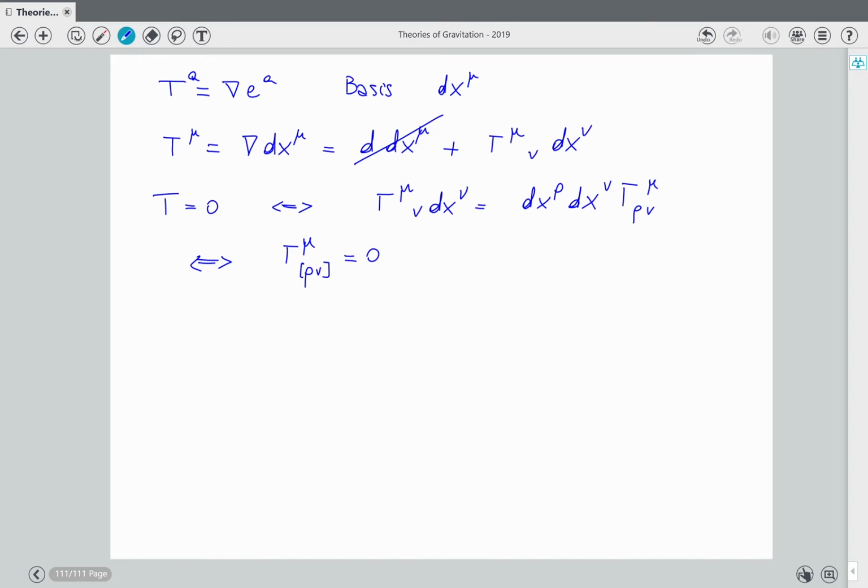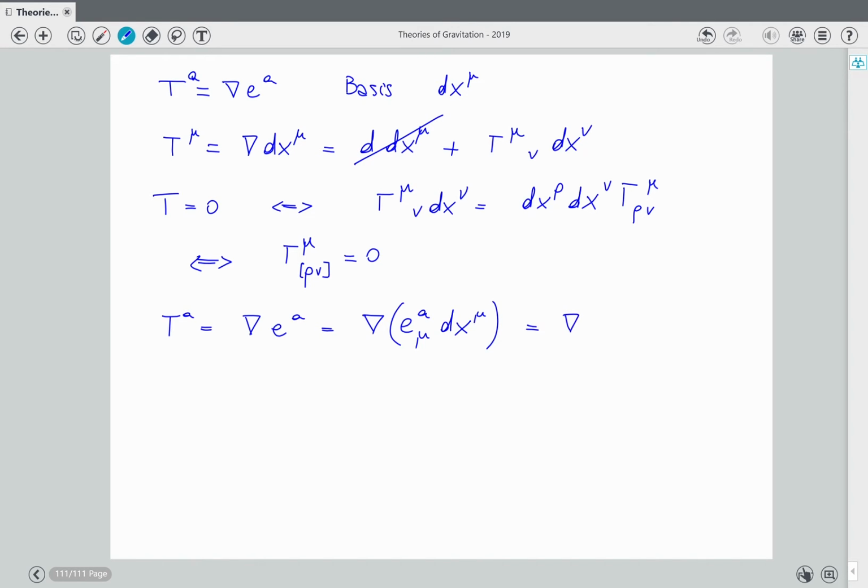You can also write T^A as del of e^A, and that is del of what? e^A, you can also write like this. And then, since del is a covariant derivative, you can apply the Leibniz rule.